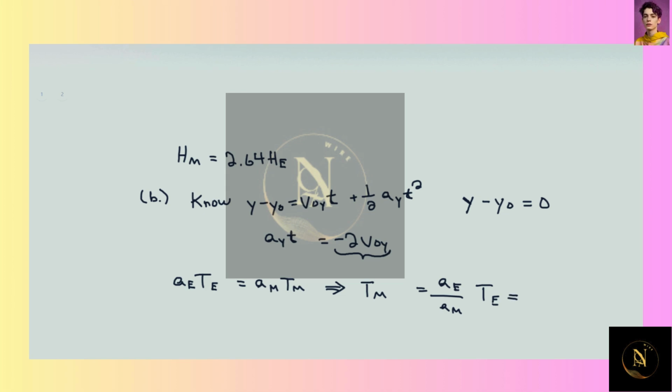Plugging in the acceleration values, Tm is equal to 2.64 times the time on Earth. Because there's less gravitational force, it allows the ash to stay in the air longer and to go higher. And that is the end of the problem.